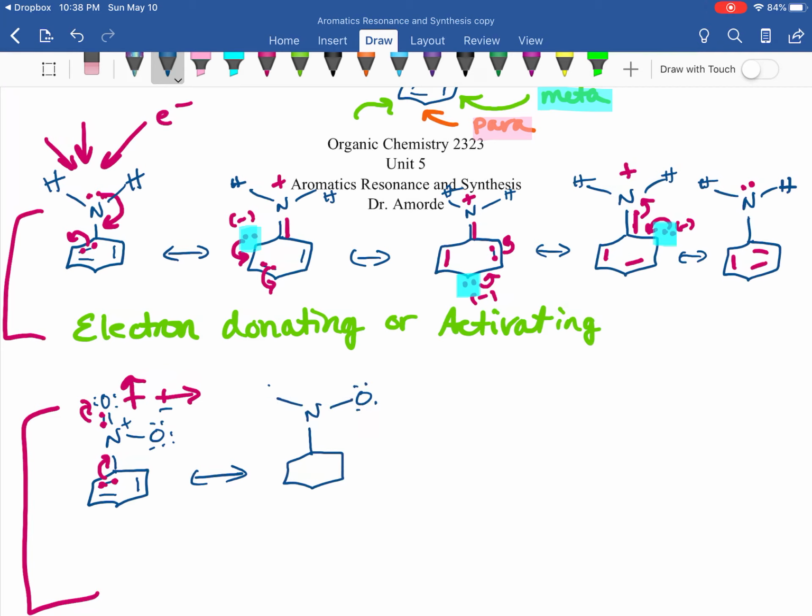So that is naturally where the electron density is going to end up. So for our nitro groups, we literally end up with, oh, I didn't mean to put a line there. I meant to put dots. So we literally end up with two negatives on those two oxygens.